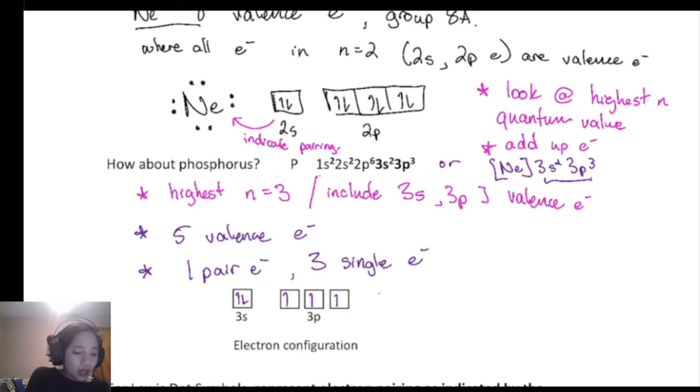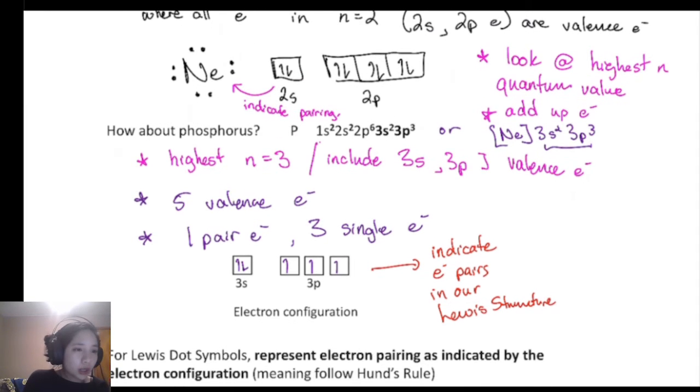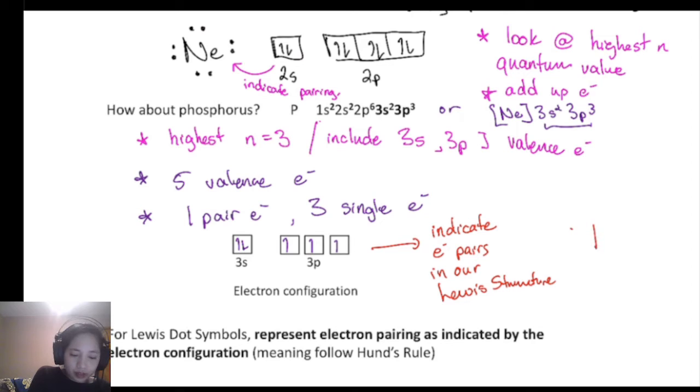So we want to indicate electron pairs in our Lewis dot structure. For phosphorus, we will have P for our abbreviated element, and then the 5 valence electrons. Keep in mind, we need to indicate the pairing that is also shown in the electron diagram.